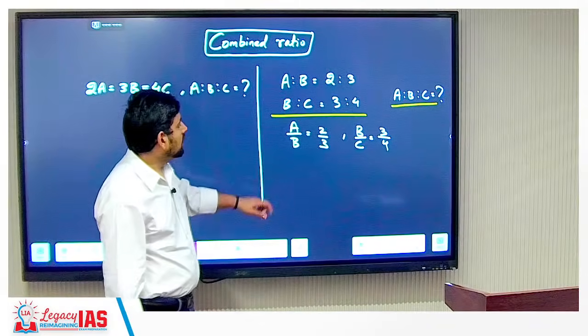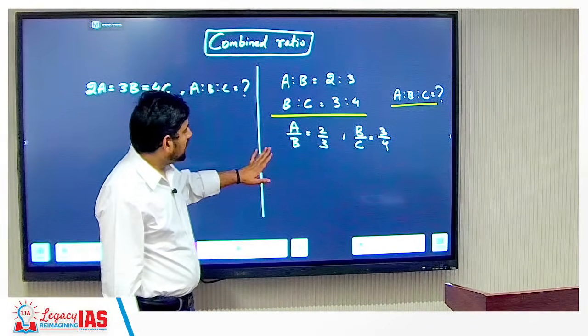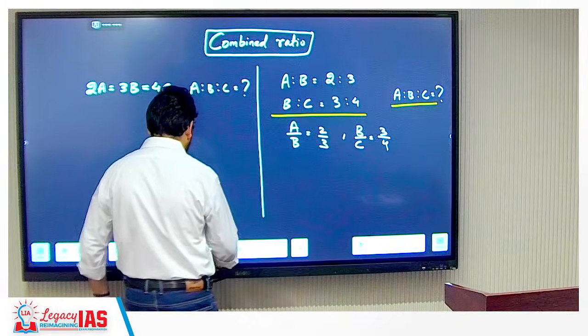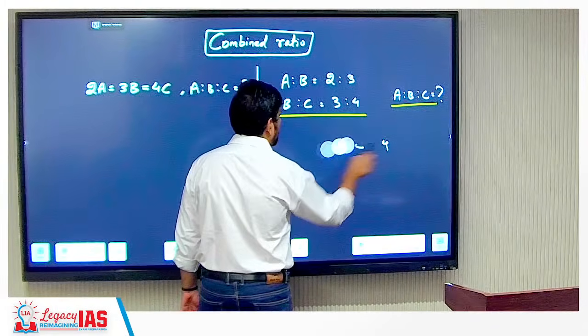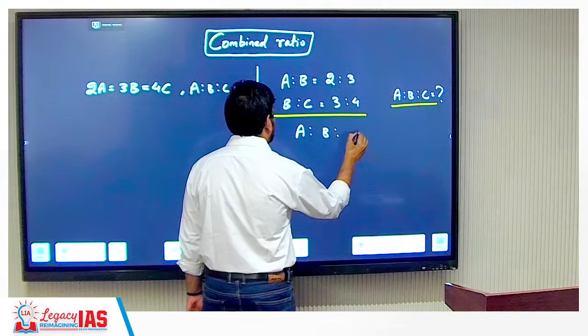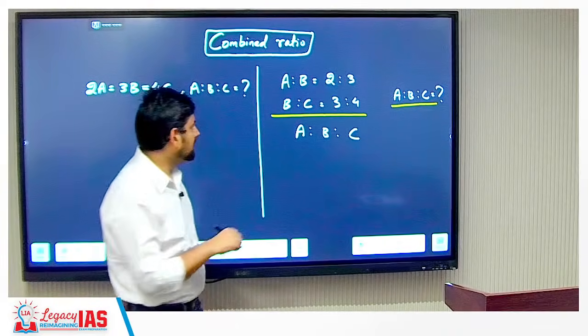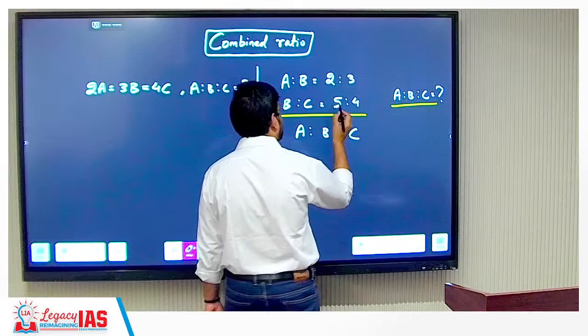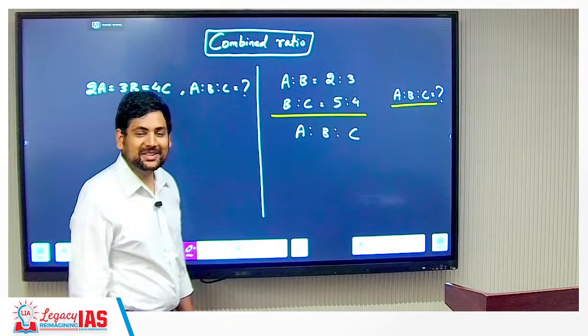But this becomes a bit calculated, so what you can rather do is this. This is how you write combined ratios. Let's say A ratio B ratio C. Let's change this and make it 5, so that this is not a direct replacement.